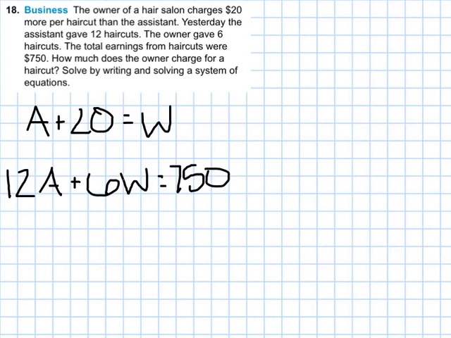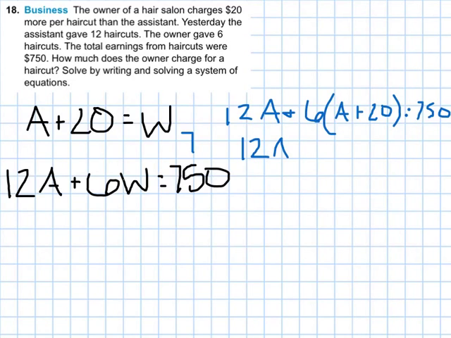Now, what we're going to do right here, we're going to plug in our first equation for W. 12A plus 6 times (A plus 20) equals 750.